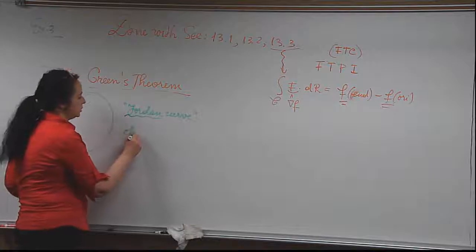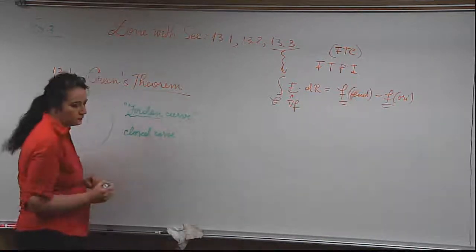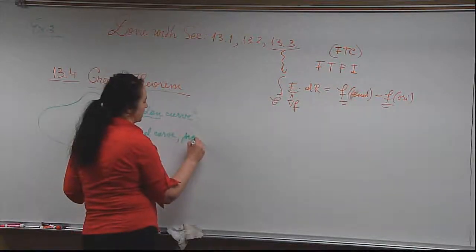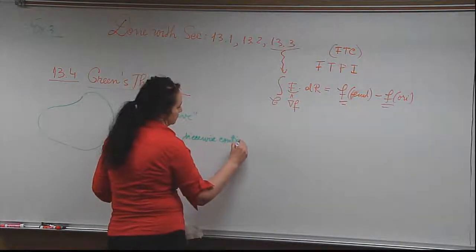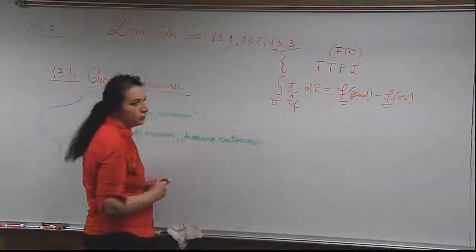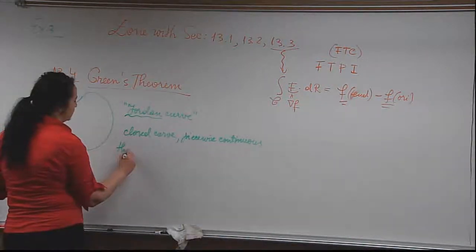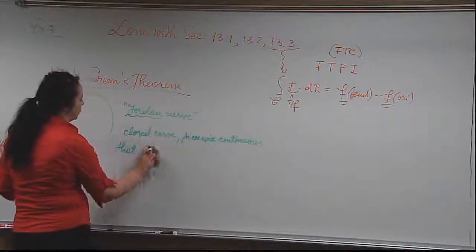A Jordan curve is a closed curve that in general could be piecewise continuous. So you have a closed loop over here. So in general I could have something like that, that encloses a domain without holes.